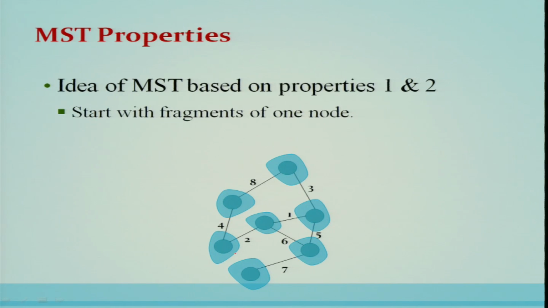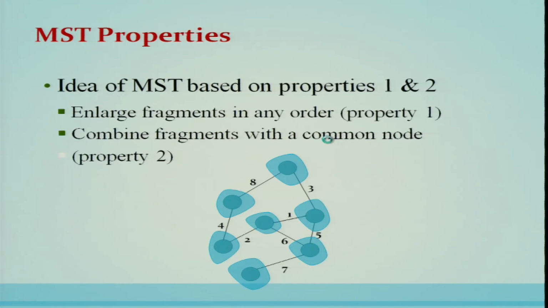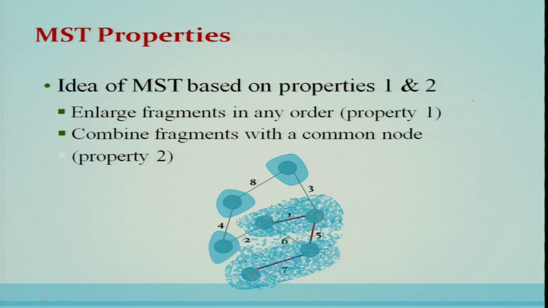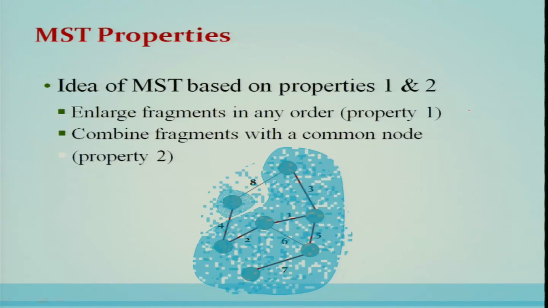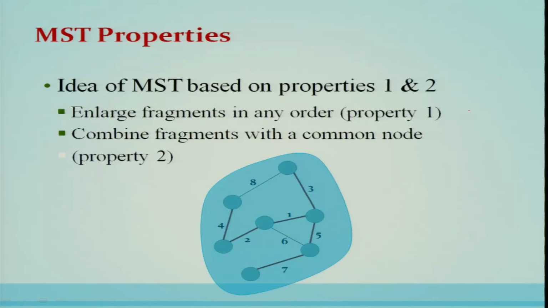So with these two properties, the idea of MST based on these two properties is that we start with a fragment of a singleton node as shown over here. The next step is to enlarge the fragment in any order by using property 1 and combine fragments with a common node, that is property number 2.